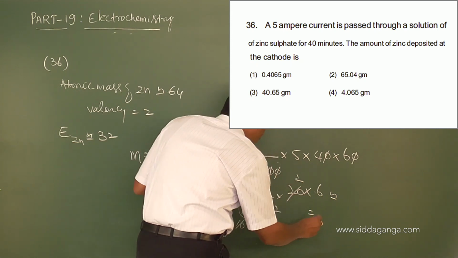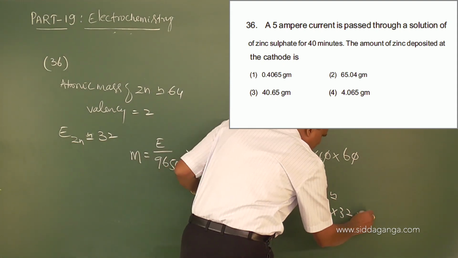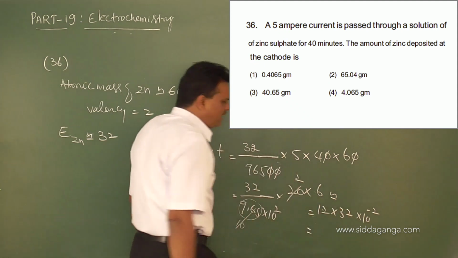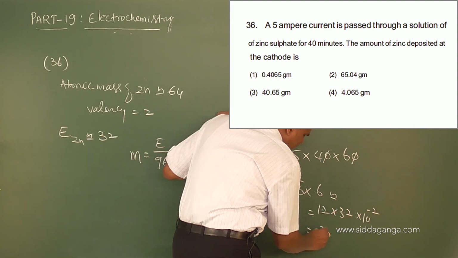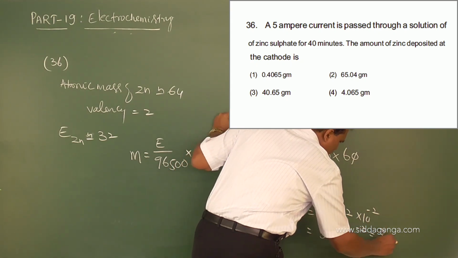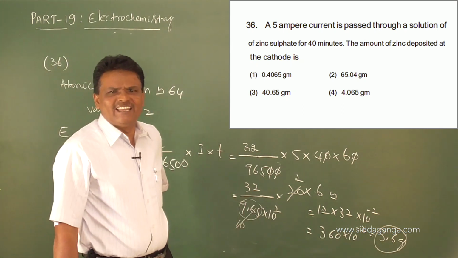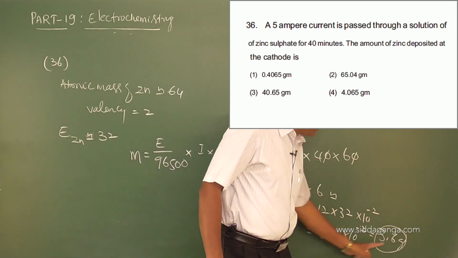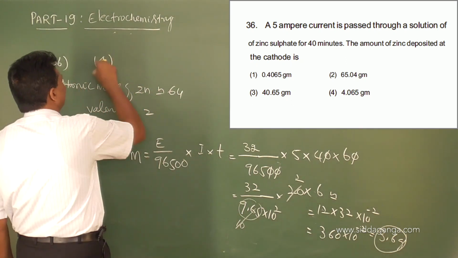It is equal to 12 into 32 into 10 to the power of minus 2, and taking 12 into 30, it is 360 into 10 to the power of minus 2, which means nearly equal to 3.6 gram. The nearest value to 3.6 is 4.065 gram. So the fourth option is the right option.